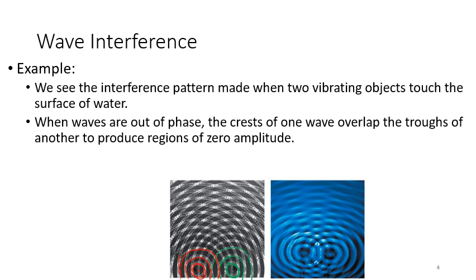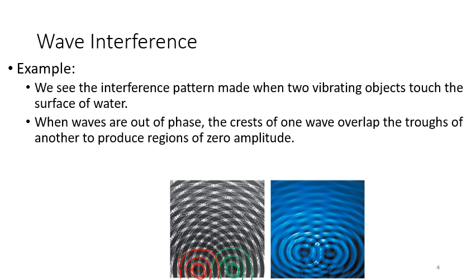If these two waves created by these two objects are out of phase with each other, that means the crest meets the trough of the other one, so it will create a zero amplitude area. If you consider these points with the black part, it will create a zero amplitude area.